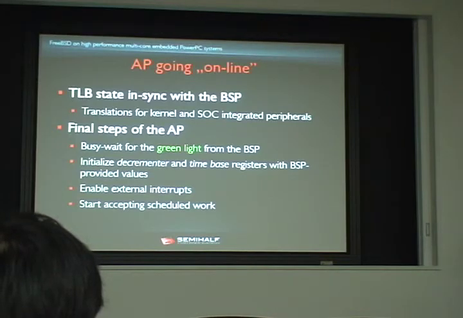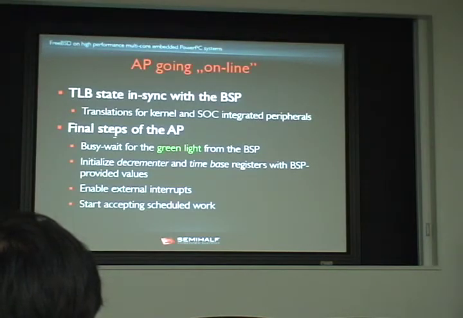And the BSP, in the meantime, provides the decrementer and time counting resources, all settings and time base, so that both cores have the same view of time counting state, and then it can enable its interrupts and start accepting work.